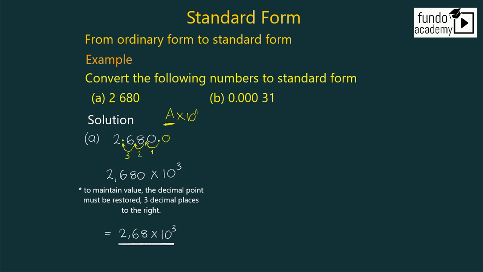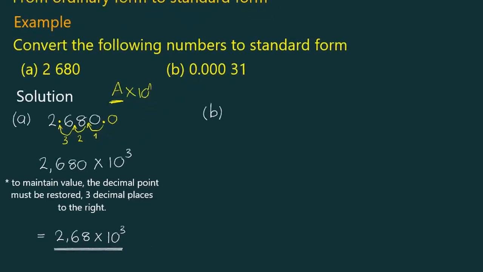Let's look at another example so that we can understand it more clearly. On part B, we have 0.00031. We look at the position of our decimal point, and we want to move it. It's right here. We want to move that decimal point such that this value becomes a number between 1 and 10.